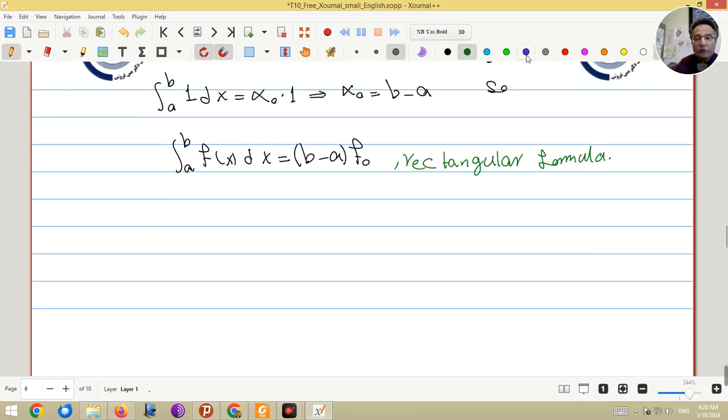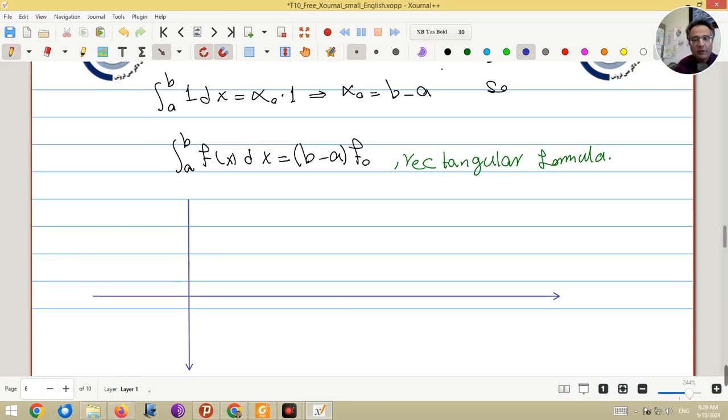Because if, for example, you have a function like this, I have this plot for the function. Okay, let me plot something like this. And consider, for example, here as a, here as b, and consider x0 here.